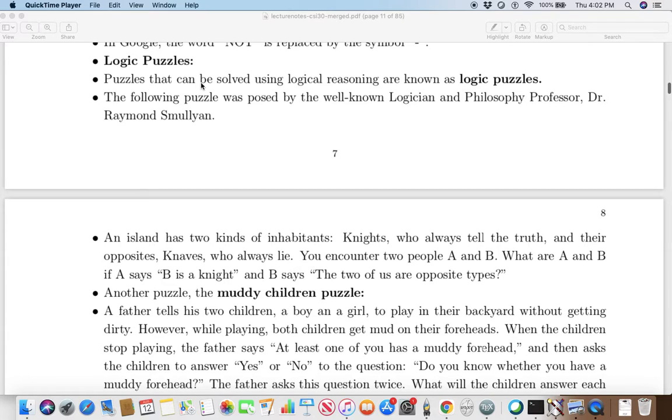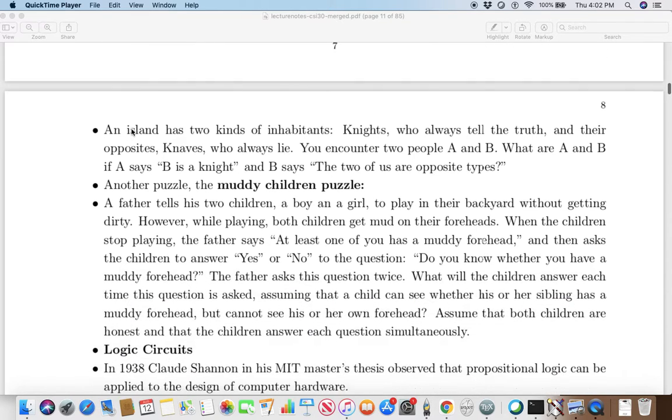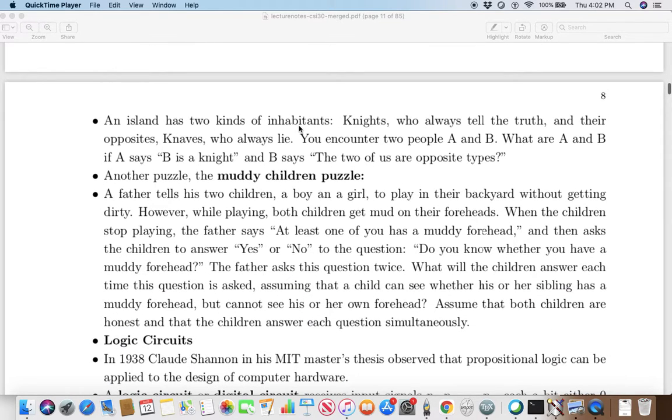Logic puzzles. Puzzles that can be solved using logical reasoning are called logic puzzles. The following puzzle was posed by well-known logician and philosophy professor Dr. Raymond Smullyan. An island has two kinds of inhabitants: knights, who always tell the truth, and their opposites, knaves, who always lie.